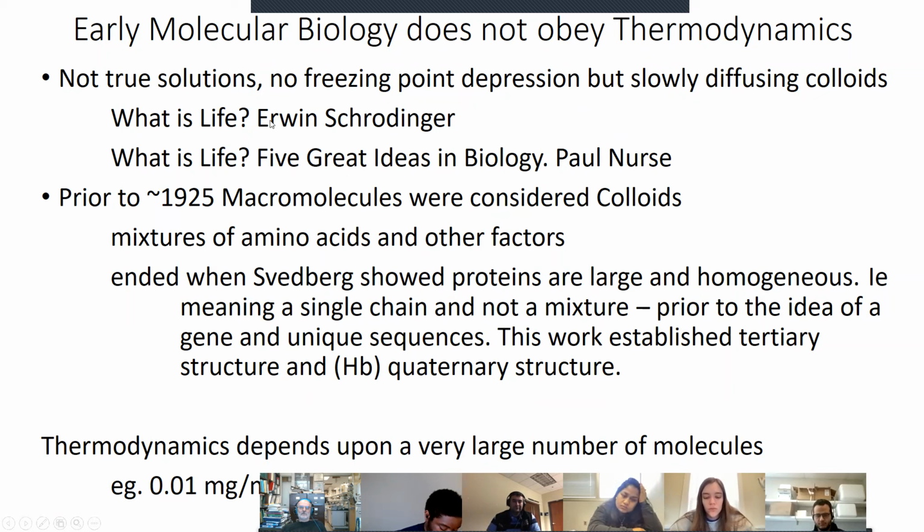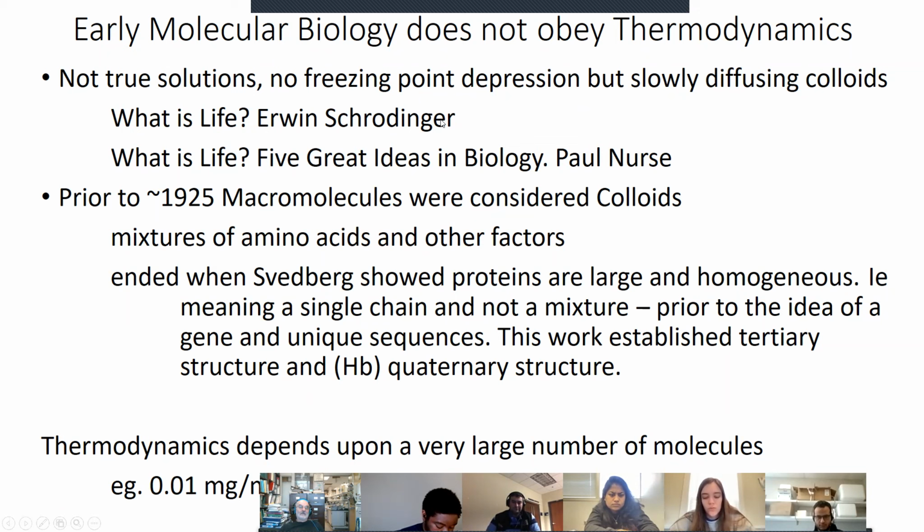And so back in those days, there was a lot of confusion about this, going all the way back to the 20s. There are a couple of books that have been written, one more recently than the other, that deal with the fact that a lot of people thought that the thermodynamic concepts that really evolved from the work that Gibbs did in the late 1800s didn't apply to macromolecular solutions.